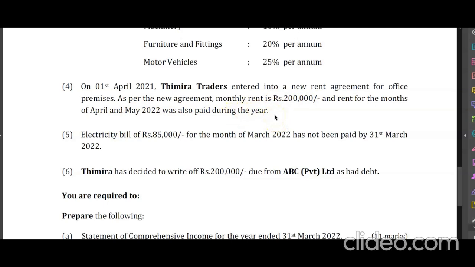That means they have paid 200,000 from 1st April 2021 to 31st March 2022, plus they have additionally paid for the months of April and May. That is considered as prepayments. April and May 2022 fall after the current financial year for which you are preparing the report.